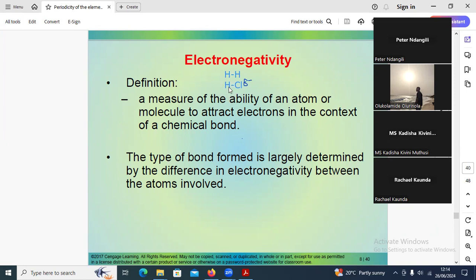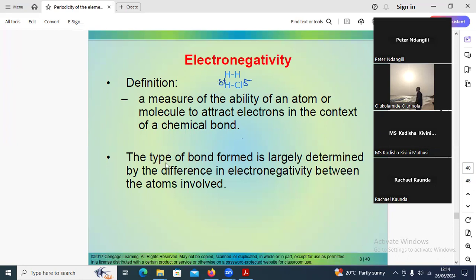Hydrogen, on the other hand, is almost losing an electron because that electron is moving very close to chlorine than it is to the hydrogen. And therefore, it acquires a partially positive charge that introduces polarity in this bond. And therefore, we say that the bond formed here is a polar covalent.